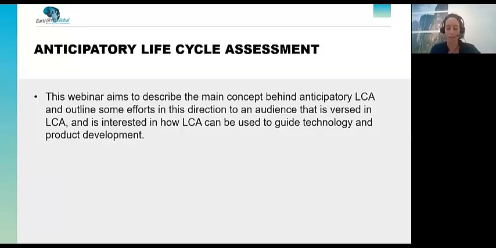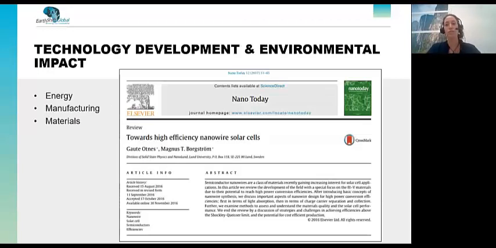While we, this virtual audience, may be versed in LCA, we haven't applied this anticipatory LCA approach yet. So this is aimed for those that know LCA and are interested in how they can use LCA to guide technology and product development.